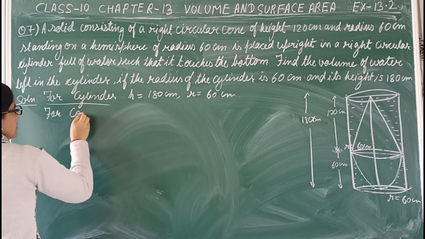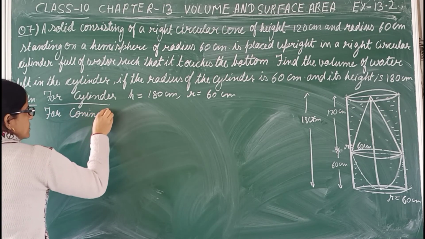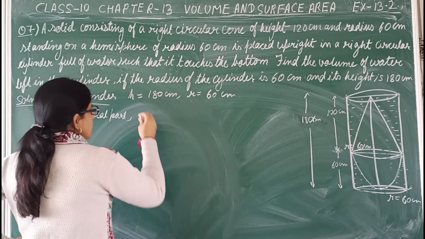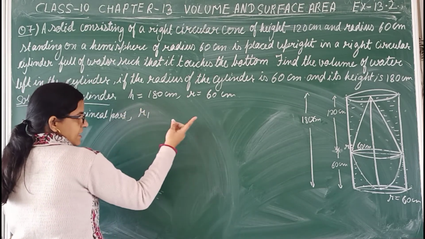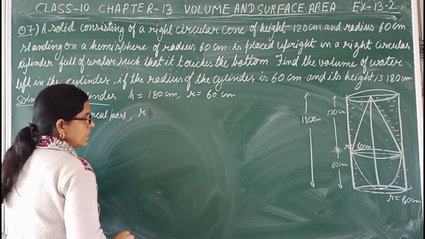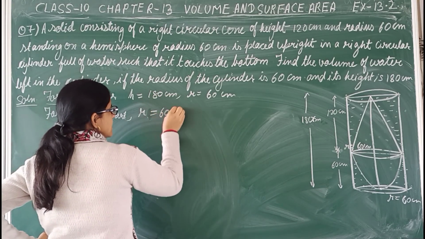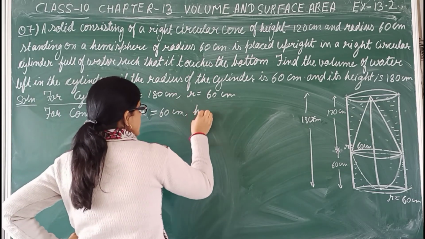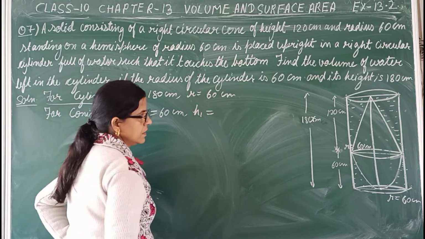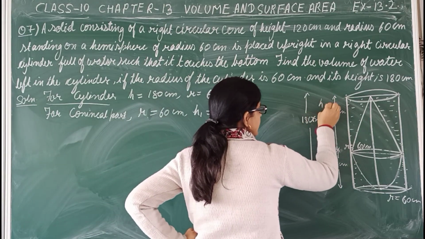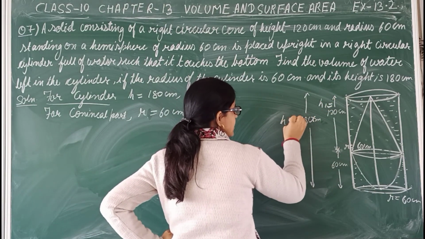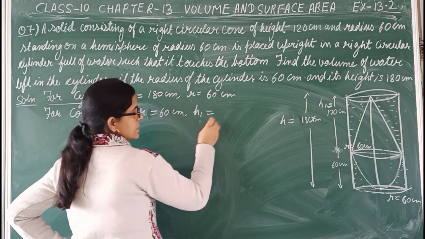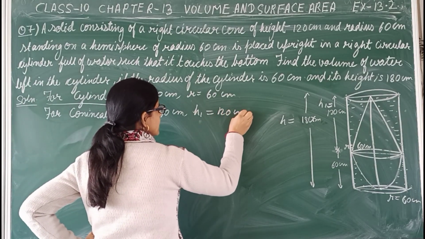For the conical part, radius is the same for all, so I am writing r only for all. So radius equals 60 centimeter, and height h1, you can write in the figure as h for the cylinder. So h1 equals 120 centimeter.